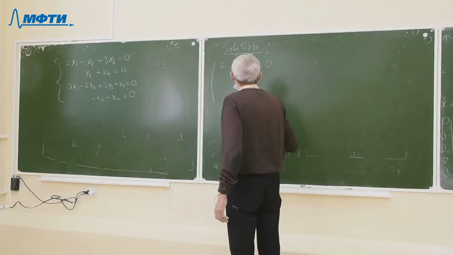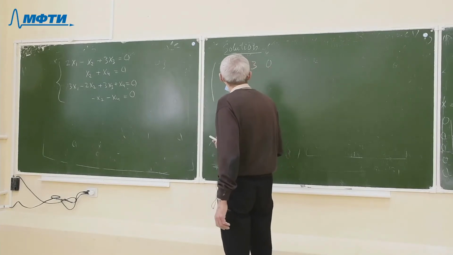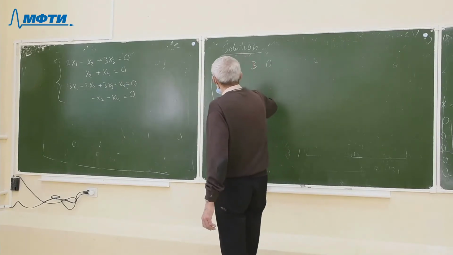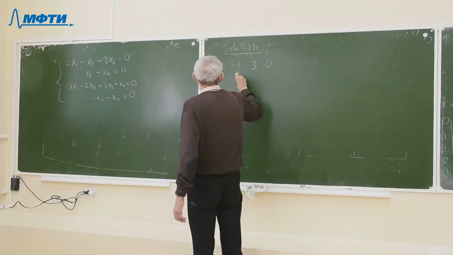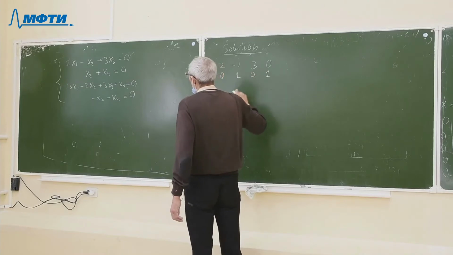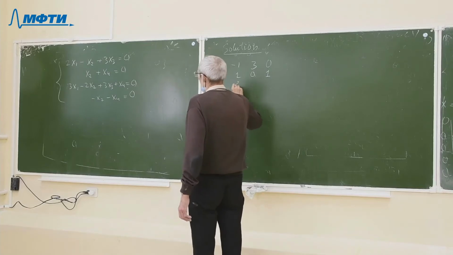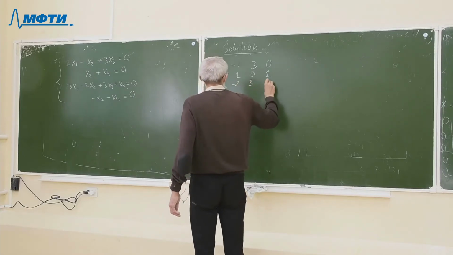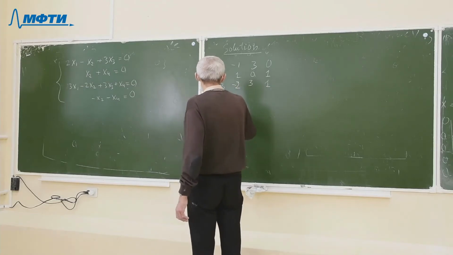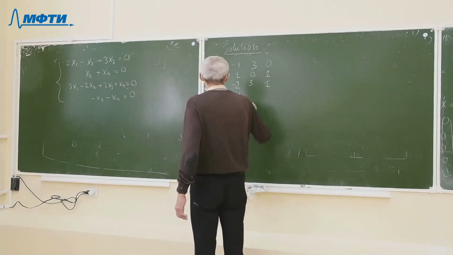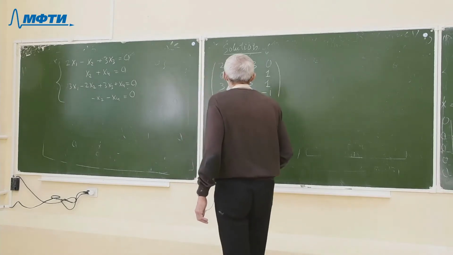I must write 0 in the last place. Second equation: 0, 1, 0, 1. Third row: 3, minus 2, 3, 1. And last row: 0, minus 1, 0, minus 1.